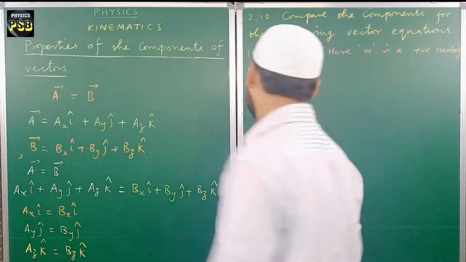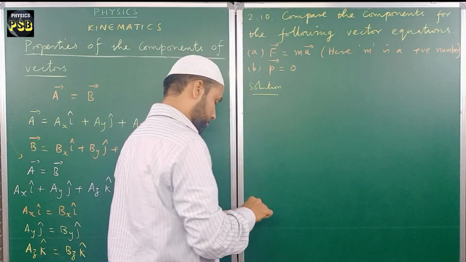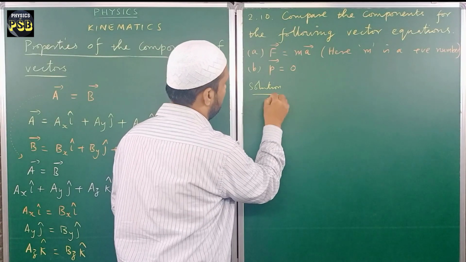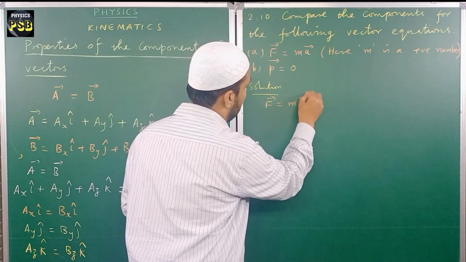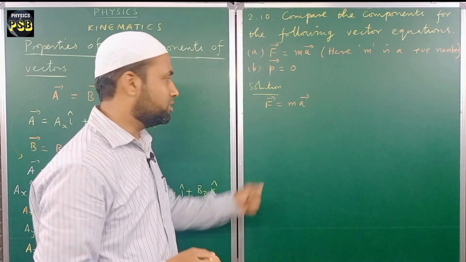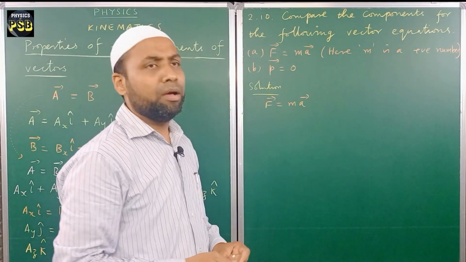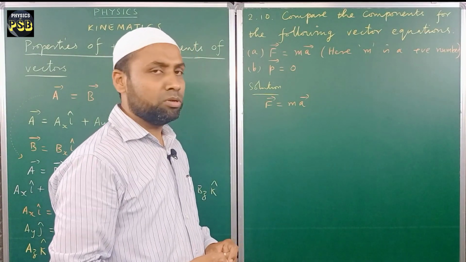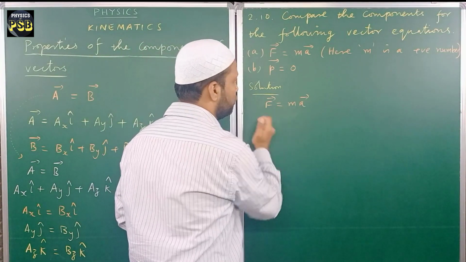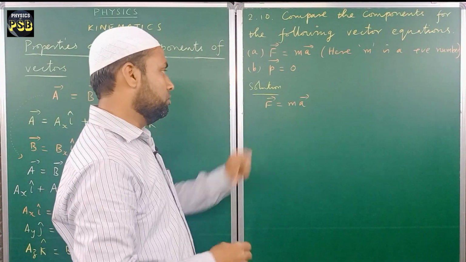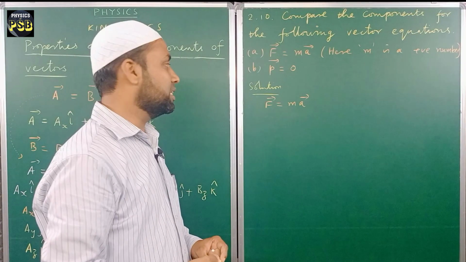F vector is equal to m a vector. Here m is a scalar quantity which represents mass, and it has a positive value. Clear? Now it can be resolved into its components.